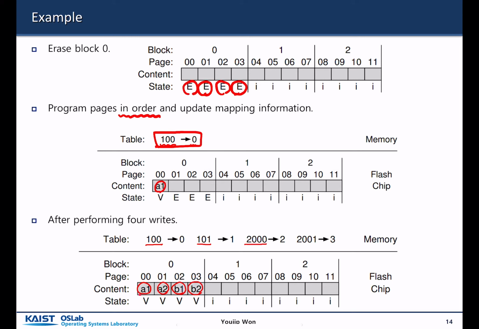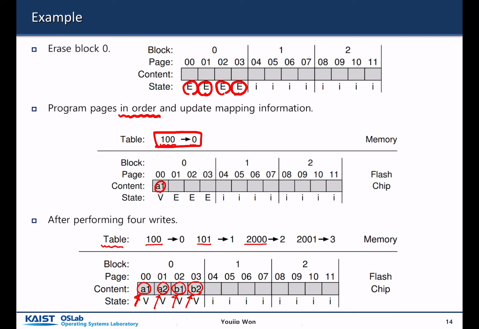These contents are written in order to block number 0, and the mapping table contents are set to properly represent the location of the actual pages where the requests have been written.